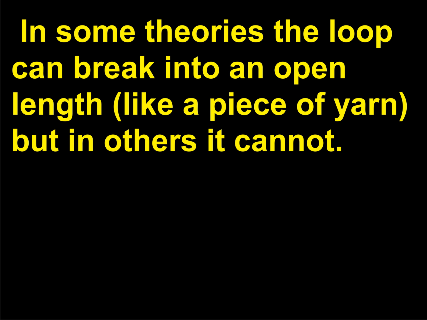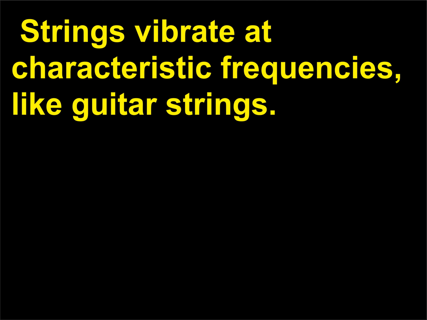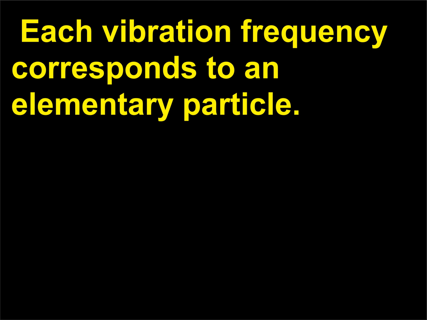In some theories the loop can break into an open length, like a piece of yarn, but in others it cannot. Strings vibrate at characteristic frequencies, like guitar strings. Each vibration frequency corresponds to an elementary particle.